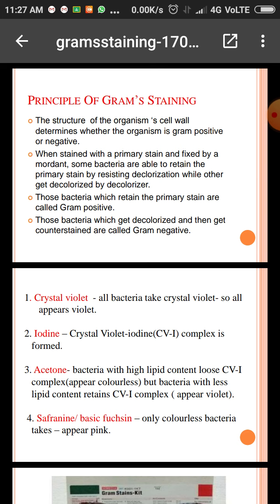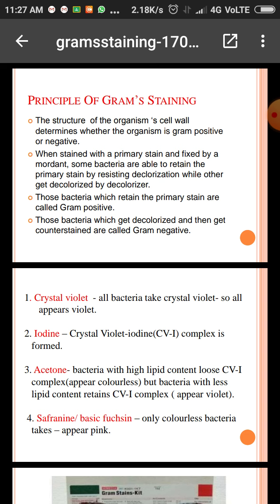So let's talk about the principle of gram staining. So what happens here is, first we prepare a smear, then we add crystal violet. So all the bacteria take the crystal violet, it appears violet. When you apply iodine, both the gram positive and gram negative take crystal violet and gram's iodine.